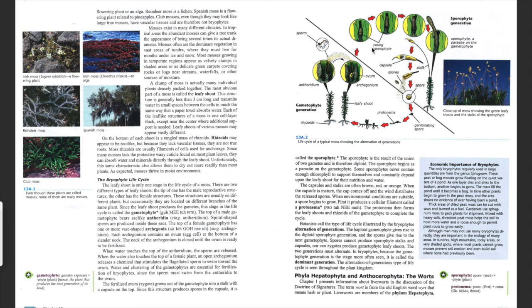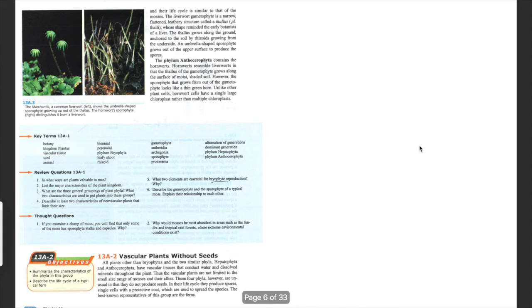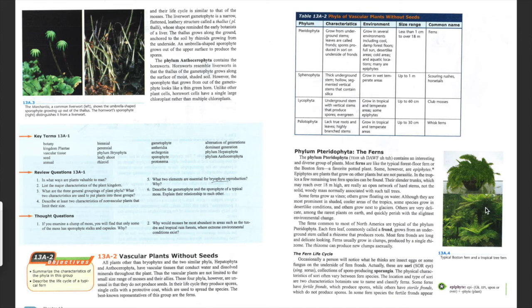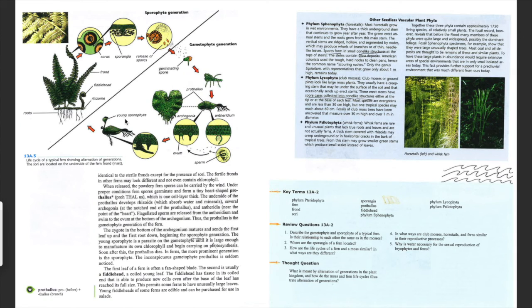Okay. You also have the alternation of generations right here, the sporophyte generation on this side, and the gametophyte generation on this side. So there's the alternation of generations happening right there. This is a typical moss showing the alternation of generations. Also, you have the ferns, right? Here's also the alternation of generations from the sporophyte generation to the gametophyte generation.